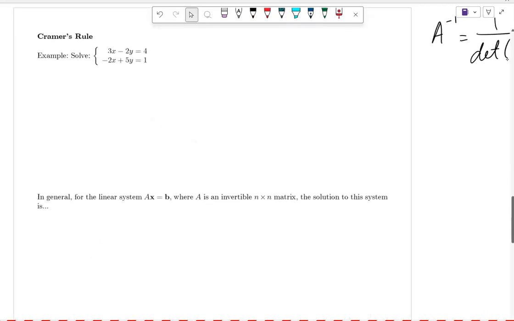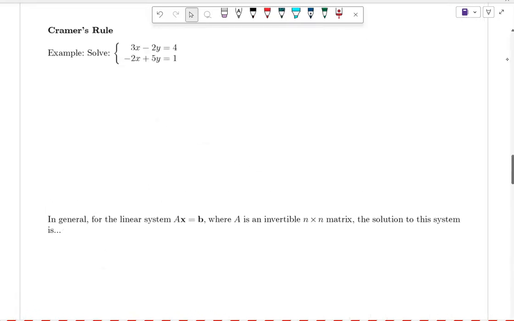So we've got this system, 3x minus 2y equals 4, and negative 2x plus 5y equals 1. If we want to write this in matrix form, how would we write it? 3, negative 2, negative 2, 5, multiplied by x, y, and on the right-hand side we would have 4, 1.